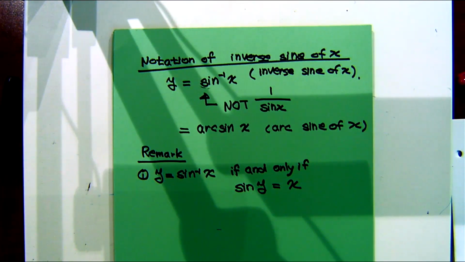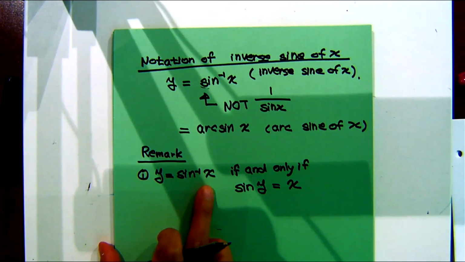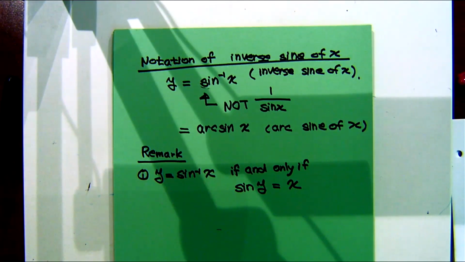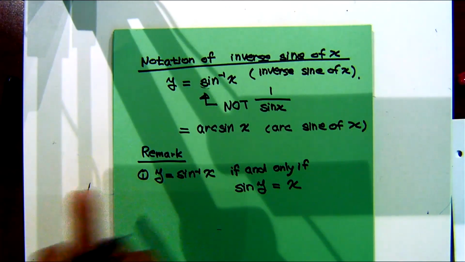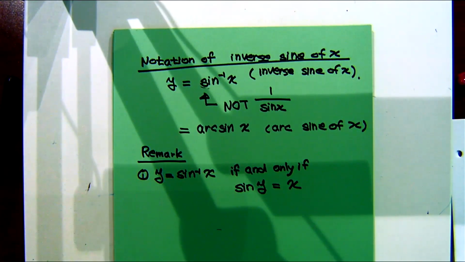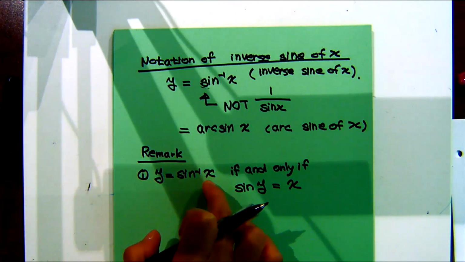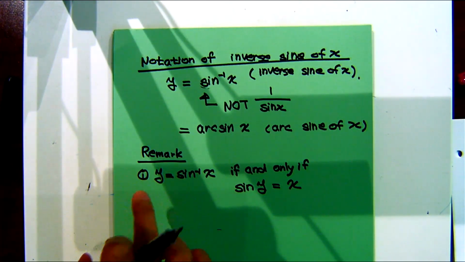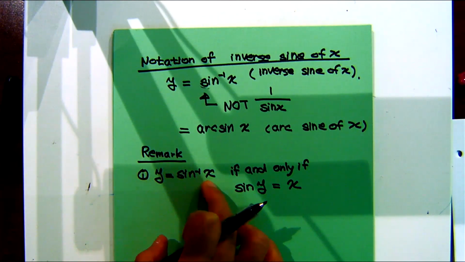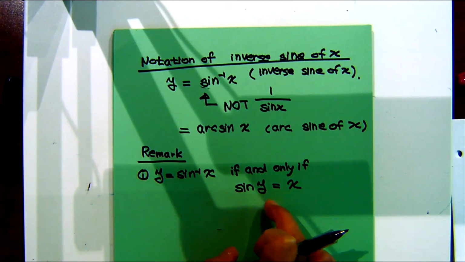So we switch the input and output value, and x should be a number between -1 and 1. And then we are looking for the angle between -pi/2 to pi/2 whose sine value becomes x. And so that's what is written here.